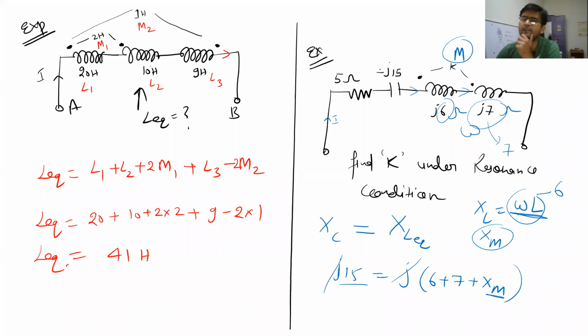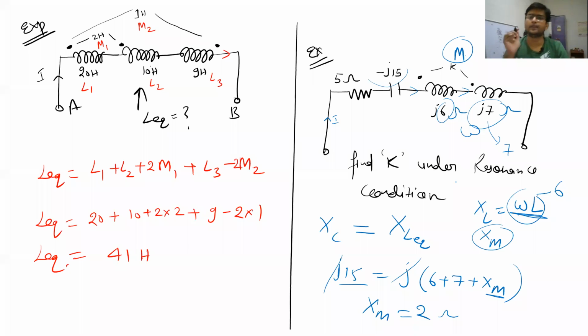And don't worry about the negative sign. Obviously, if this is negative and this is positive, then only the summation is going to be cancelling out each other. So using this, you will get XM is equal to 2 ohm, right? So you got your impedance value due to this mutual inductance as 2 ohm.